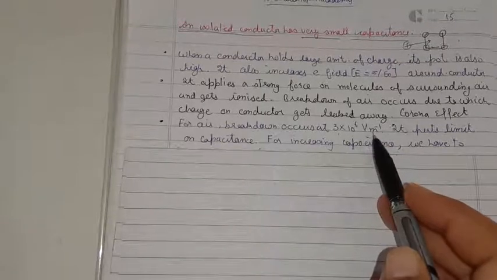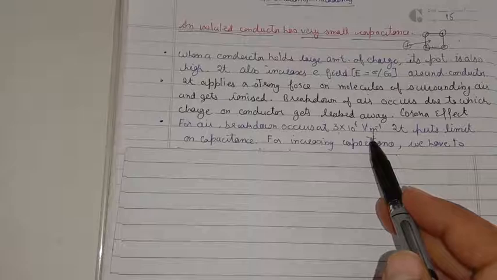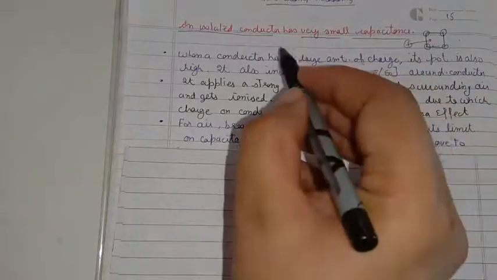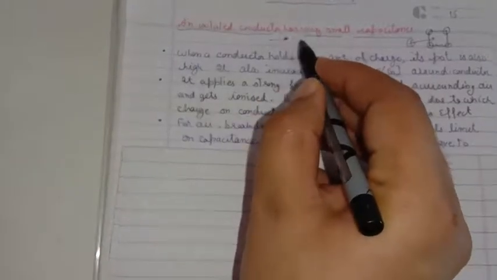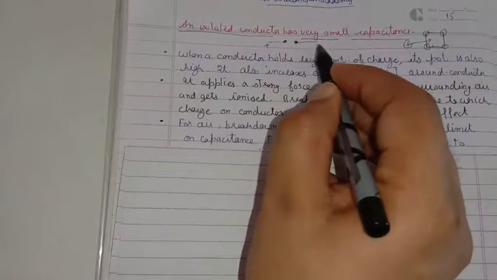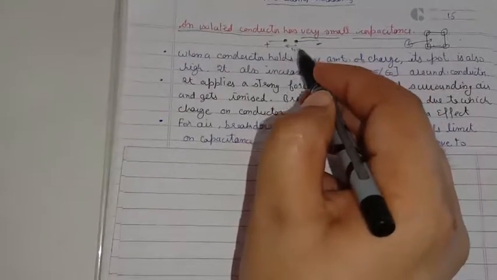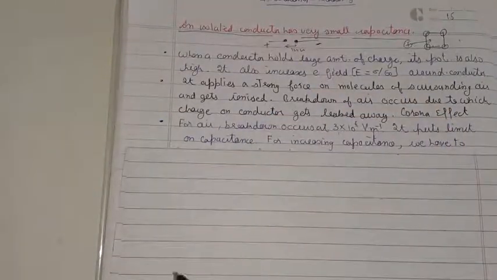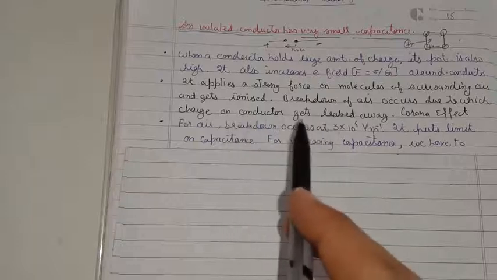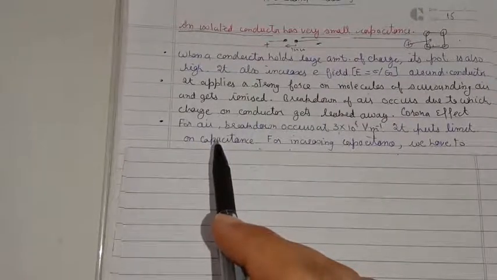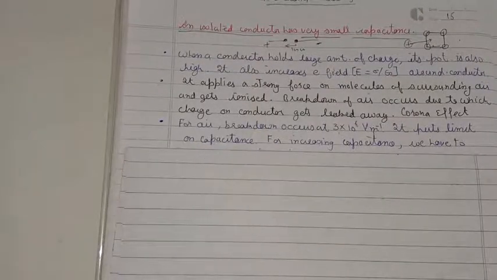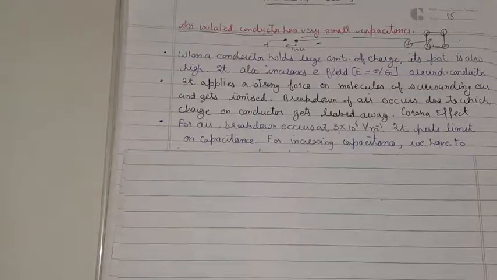That means if we have two electrodes, electrode 1 and electrode 2, one connected to the positive and another connected to the negative terminal of a battery, such that the distance between the two electrodes is 1 millimeter, then 3000 volt of potential difference is required for the breakdown of air to take place, which is a very huge value of the breakdown voltage of the air.